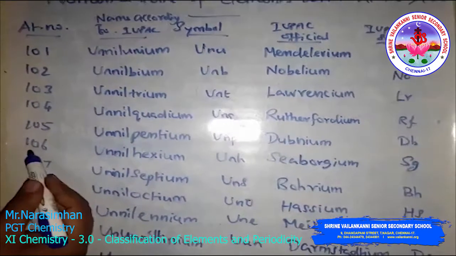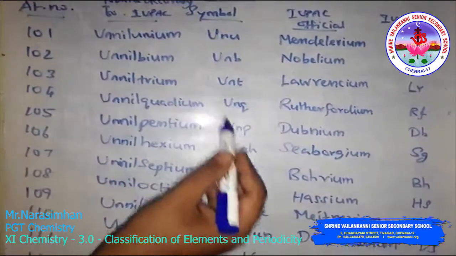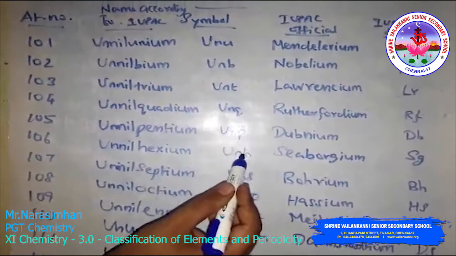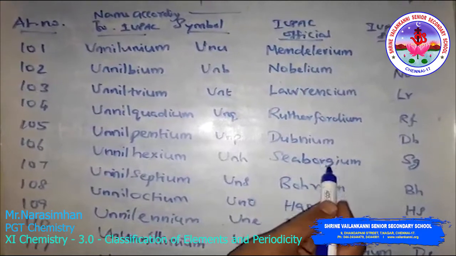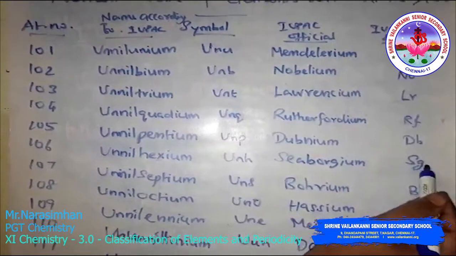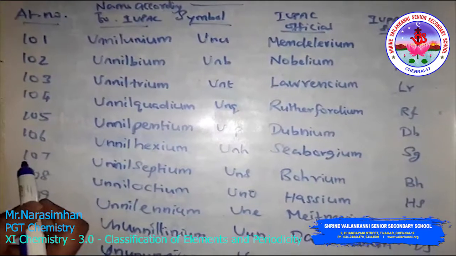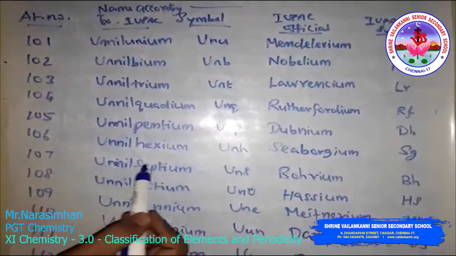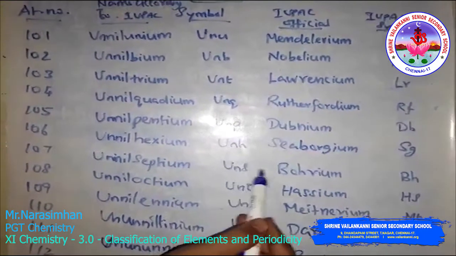The 106 atomic number is Unnilhexium, symbol is Unh. Then the IUPAC official name is Seaborgium, the symbol is Sg. And the atomic number 107, Unnilseptium, the symbol is Uns.